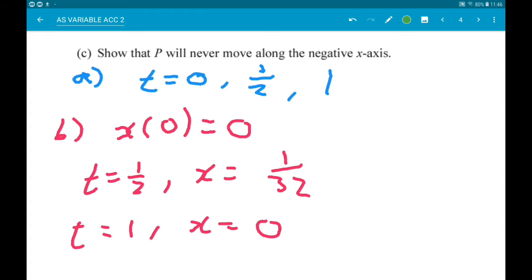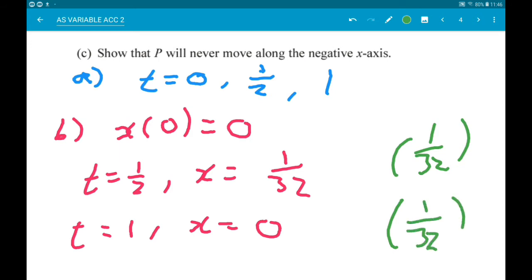So at the moment, the particle has gone 1/32 add 1/32. So at the moment, that's our running count.